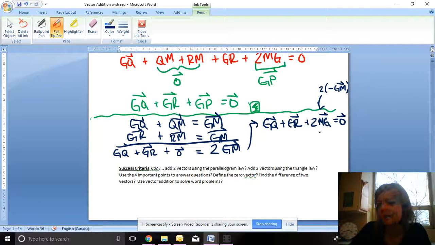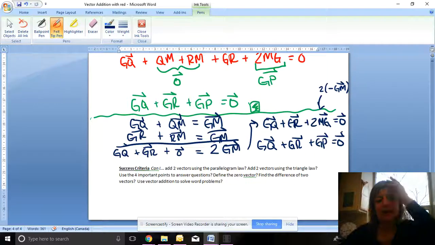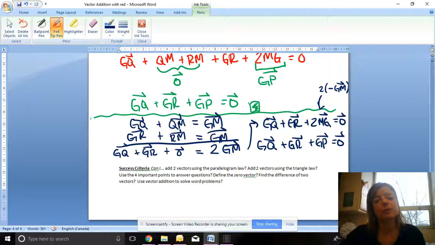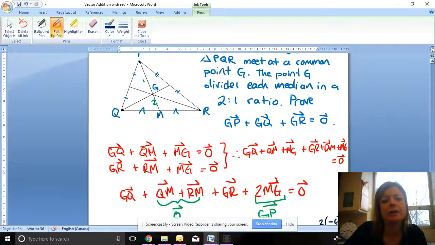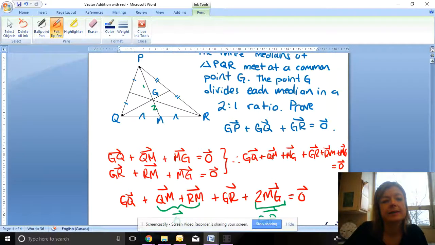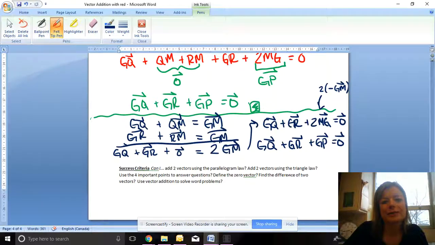Then, with the same reasoning as before, the 2-to-1 ratio, we get that GQ plus GR plus GP is equal to the zero vector. Again, it's a bit complicated if you were to try to come up with that on your own, but hopefully you can see the technique here of how vector addition can prove something like this. Thanks for watching, guys. Hope you learned lots.